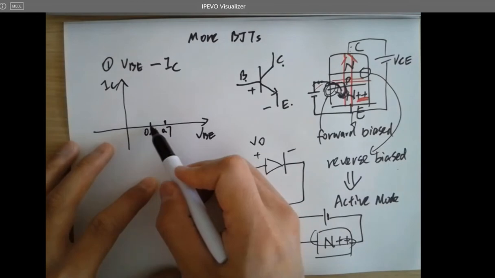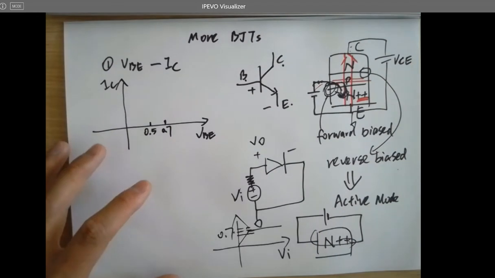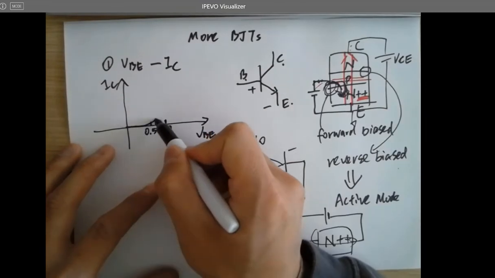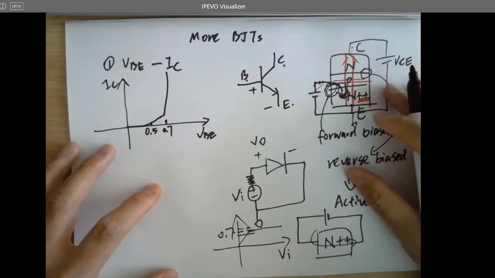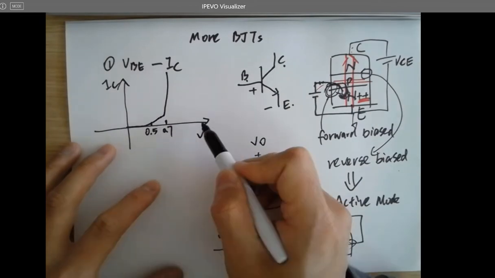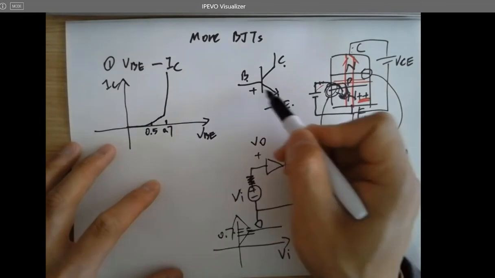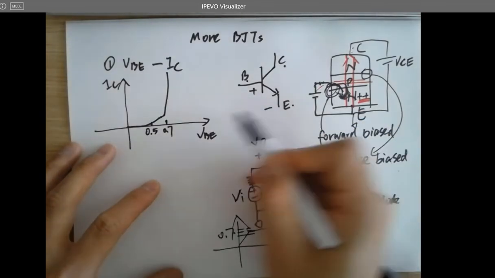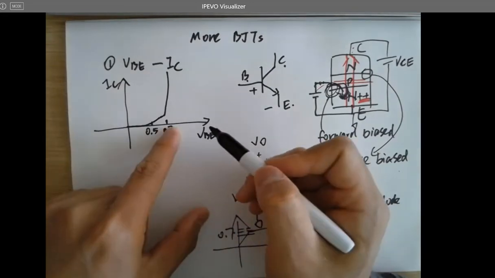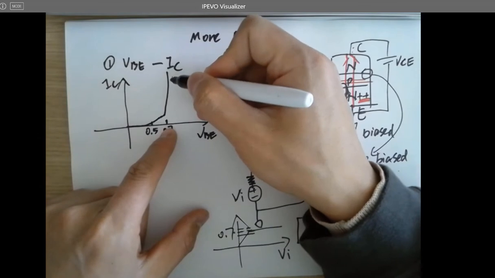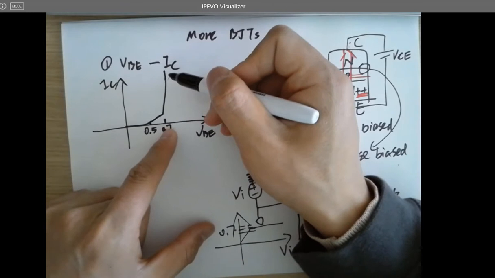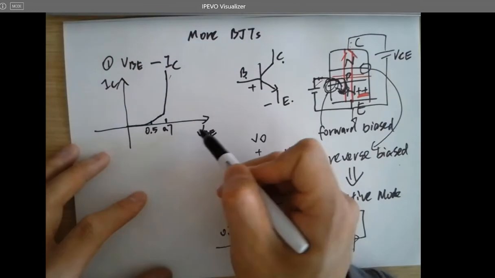After 0.5, there will be a little bit of current flowing through the diode already. So the curve looks like this. That's why when you are increasing VBE further, the voltage across this PN junction is not increasing anymore. It's just trying to stabilize it by increasing IC.